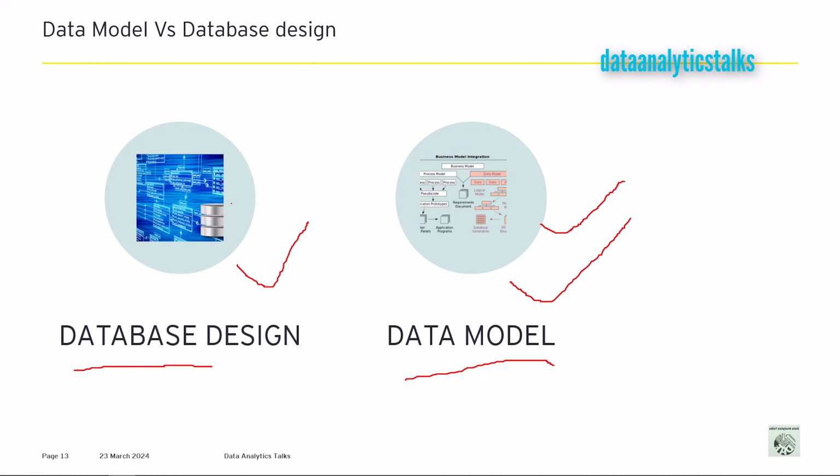Again, database design goes below the table. It starts from schema to physical storage, and needs to implement product-specific restrictions, constraints, and so on. So this gives you an understanding of the difference between database design and data model.